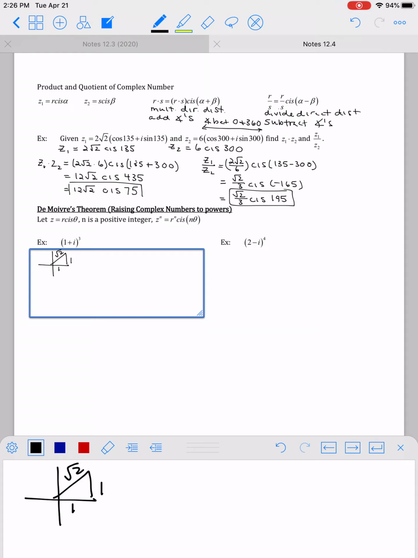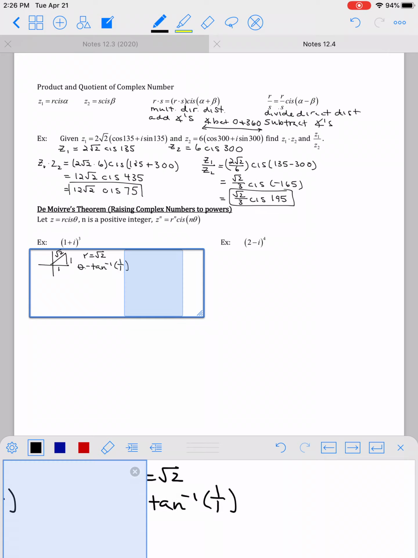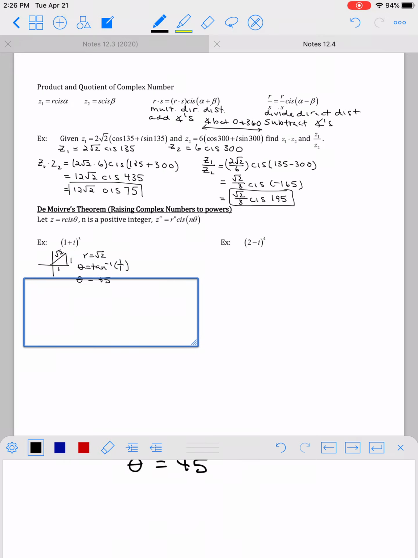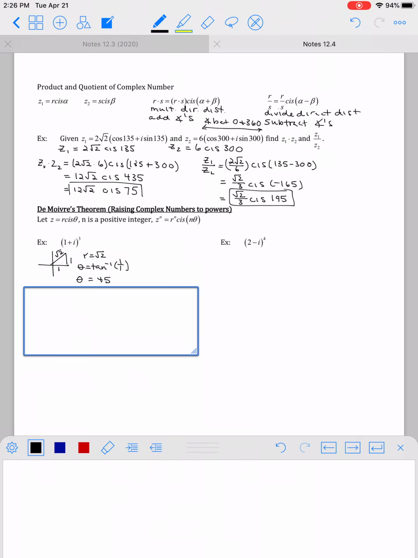So r is the square root of 2. We know the angle is 45: inverse tangent of 1 over 1. In the first quadrant, who's got a tangent of 1? The angle would be 45. So now this polar number is z equals square root of 2 cis 35.